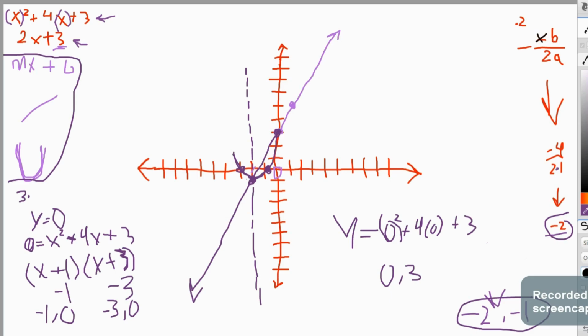So, yeah. There we go. It should look something like this. Once you've plotted all of the numbers and everything else you need, it should look like that.